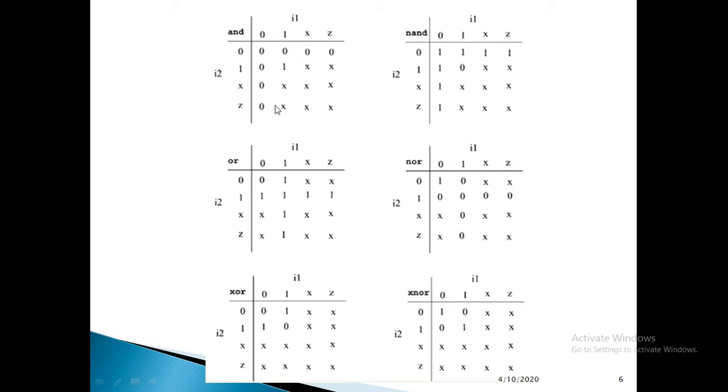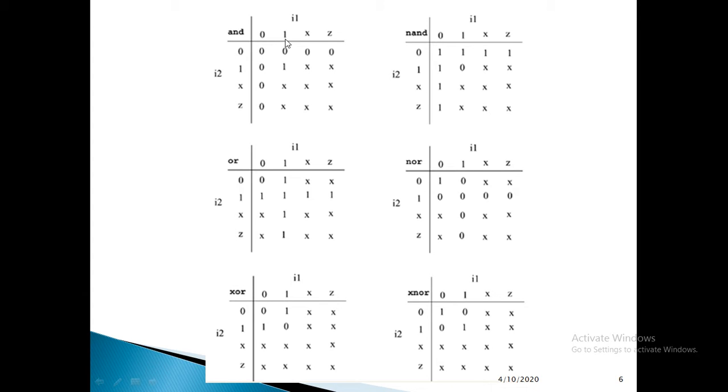These are some truth tables of gates. This row is for input I1 and this column is for I2. Here you see step by step for input combinations: when I1 is 0 and I2 is 0, the output will be 0.